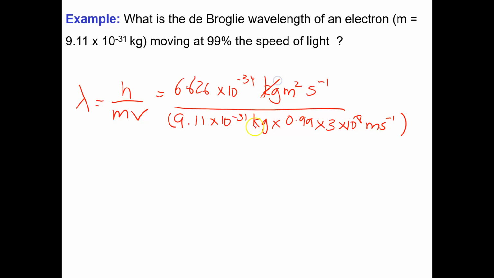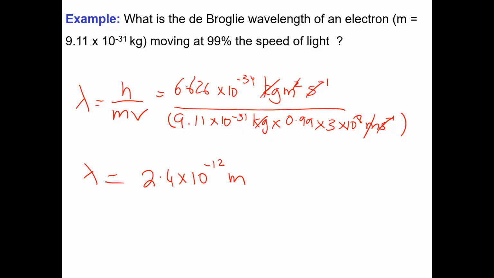So again, kilograms cancels, seconds to the minus 1 cancels, and one of the meters cancels. So this will give us the wavelength in meters. So let's put this into the calculator. And we end up with two significant figures, 2.4 times 10 to the minus 12 meters.